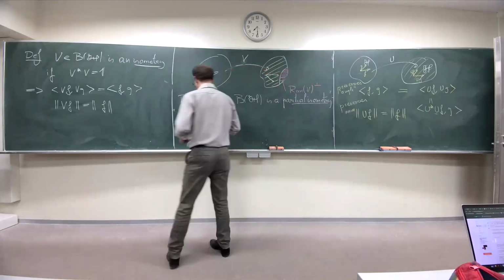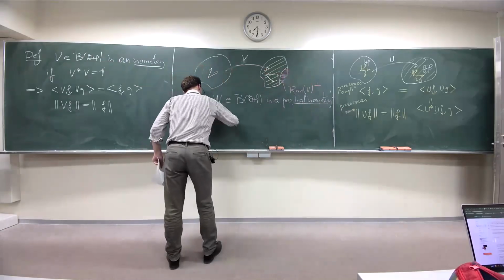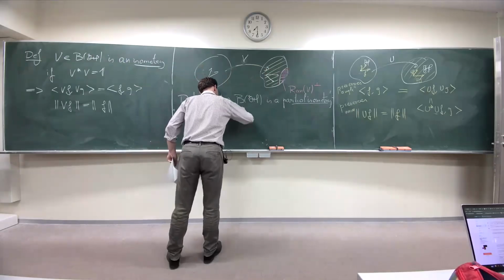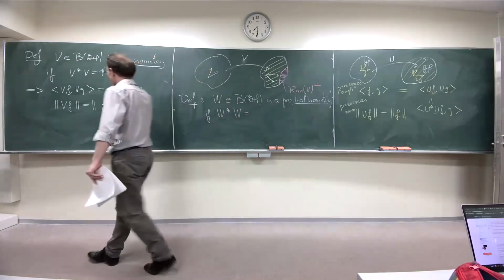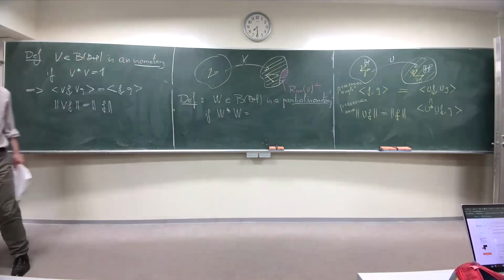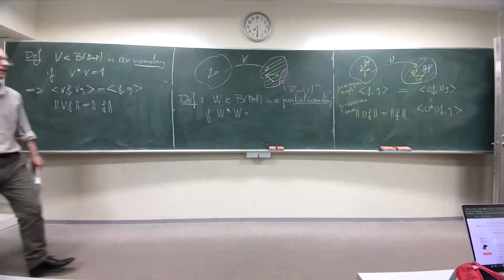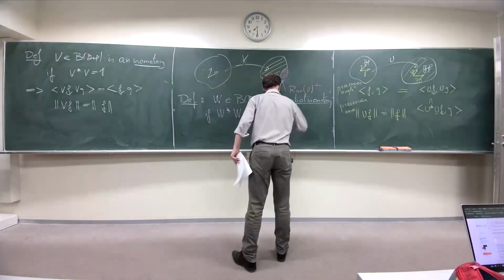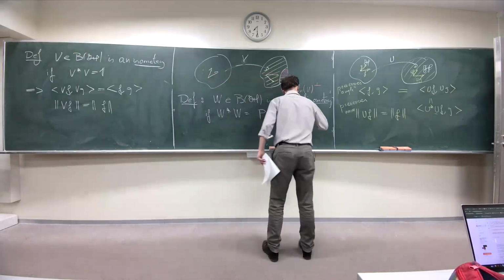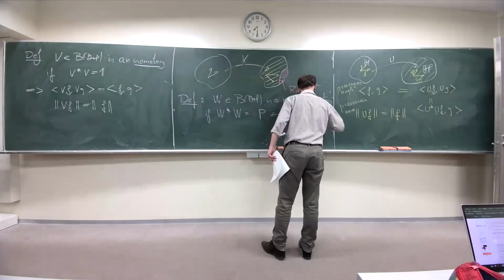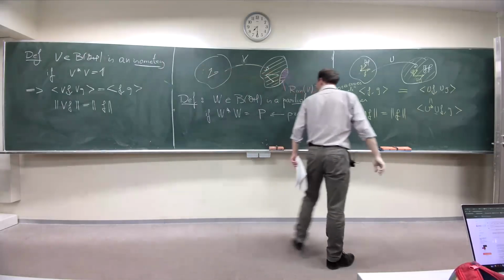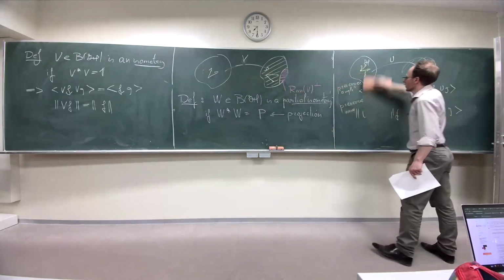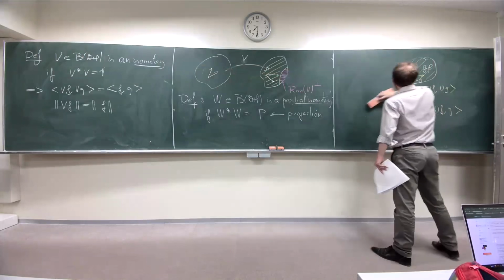W is a partial isometry if W star W, of course I cannot write identity, because if I write identity I'm back to isometry, is P, which is a projection. So this product is a projection.